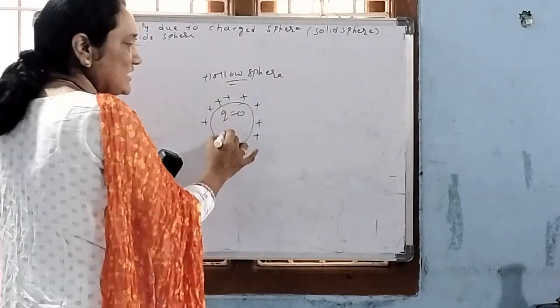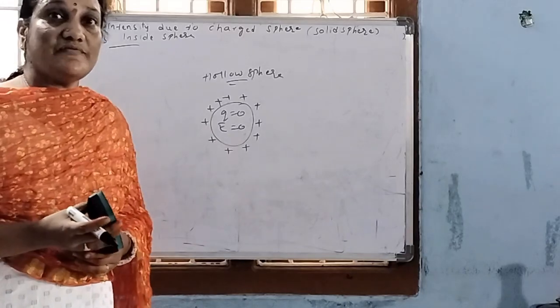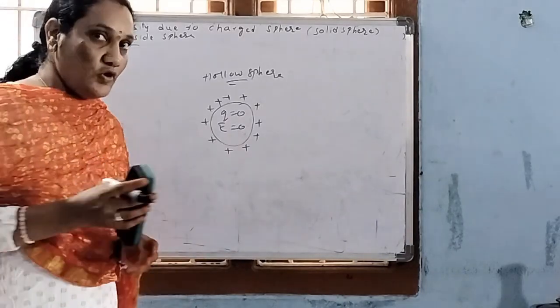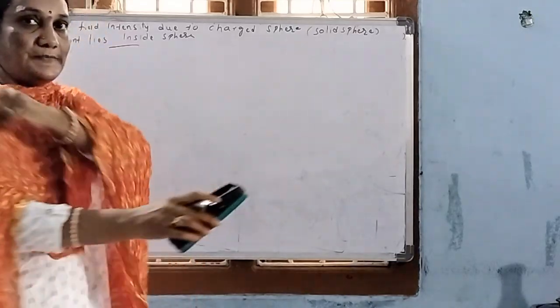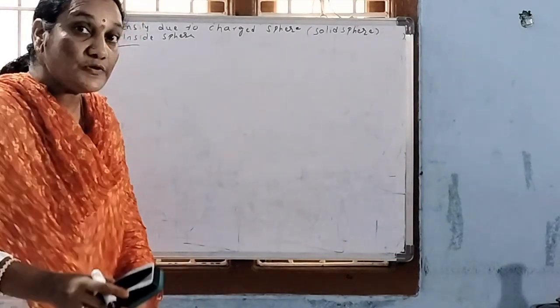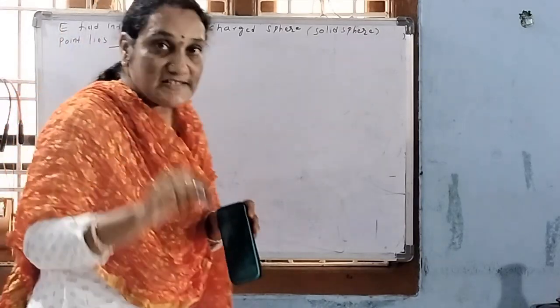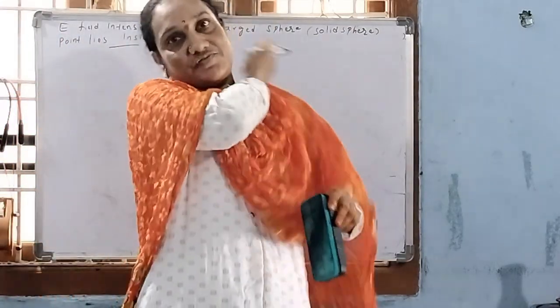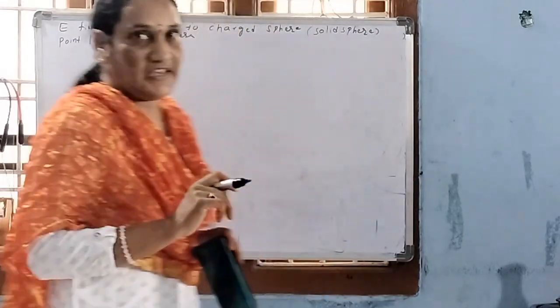When there is no charge, there is no electric field. So the electric field intensity will be zero in the case of hollow spheres. But here we took a solid sphere, right? So for solid spheres, inside the sphere also charge will be present.